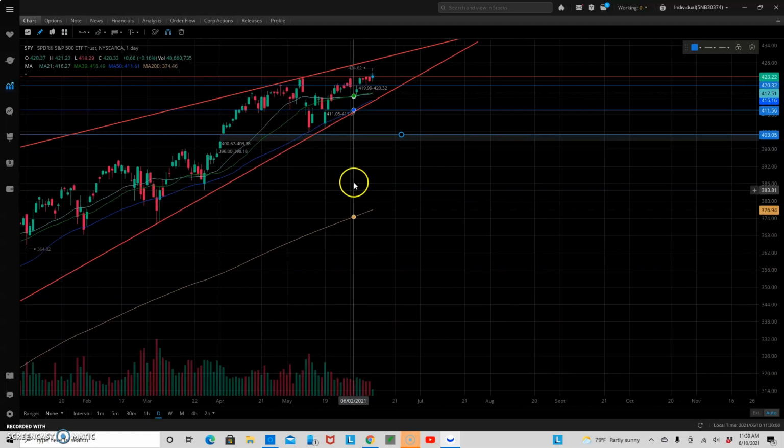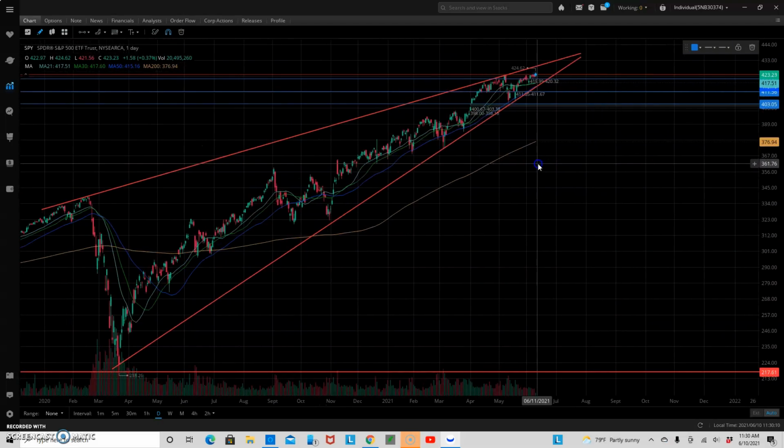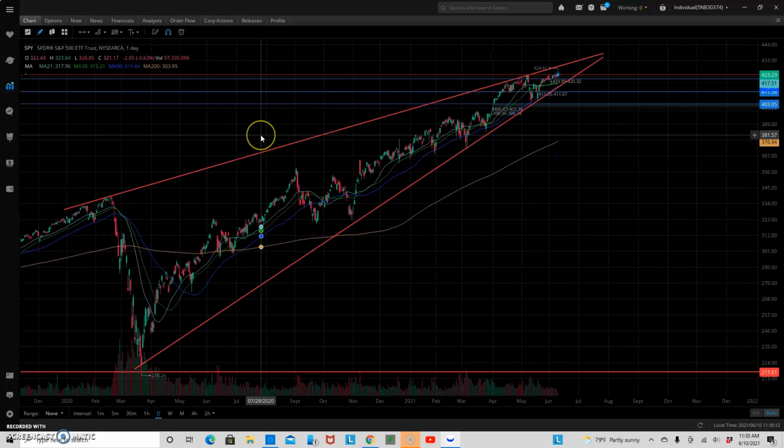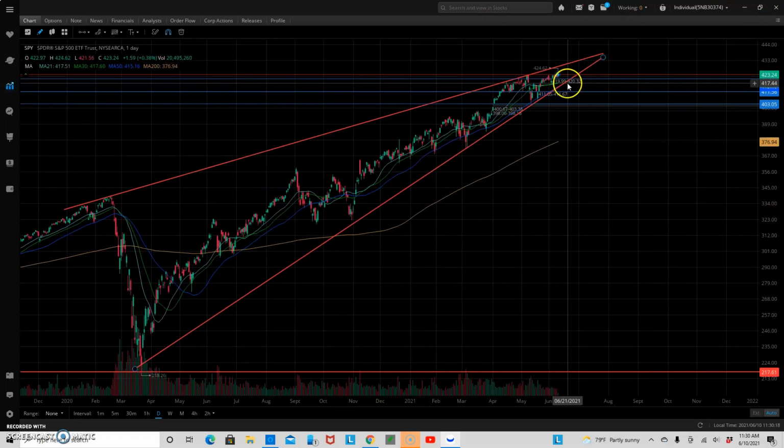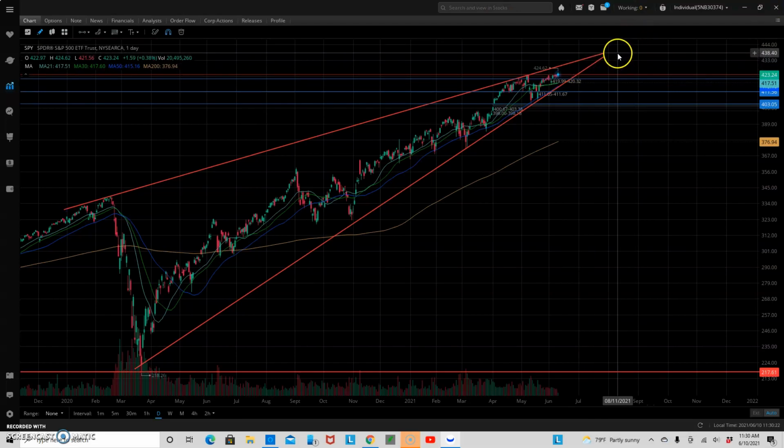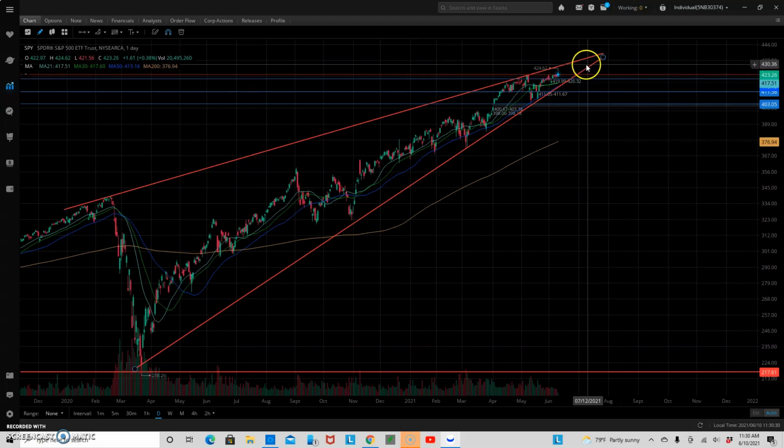Okay, so let me zoom out here and you can see my trend lines that I'll show you. It's kind of trading in this sort of triangle formation, and we're getting close to the end of our formation. You could see the top of this, where these two lines come together, would be around $434 right there.